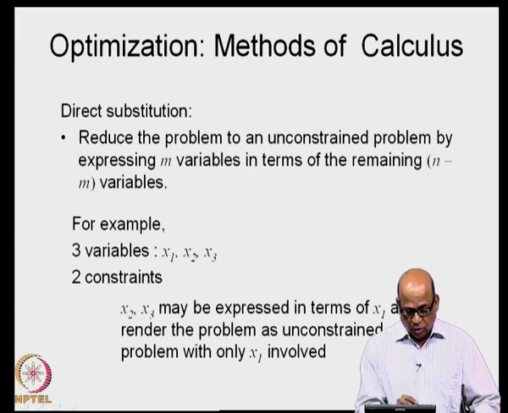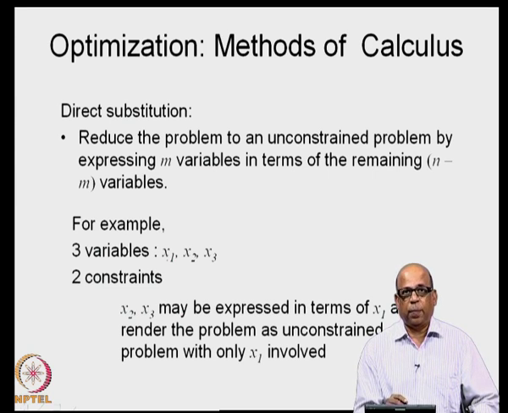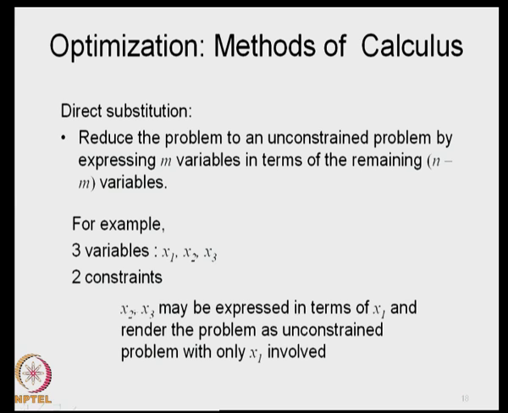For example, you have 3 variables x 1, x 2, x 3. We have 2 constraints. Both of the constraints contain all the 3 variables in general. Then we may pick 2 of the variables, let us say x 2 and x 3, and solve these 2 constraints and express both x 2 and x 3 in terms of x 1, and that is what we do.